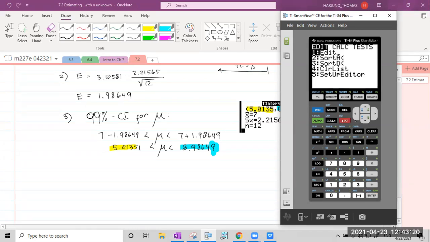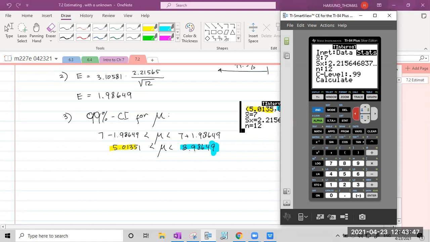Notice that we already plugged our data into list number 1. Now suppose I want to use that data and perform the T interval, the confidence interval for the population mean, with the data given to us.